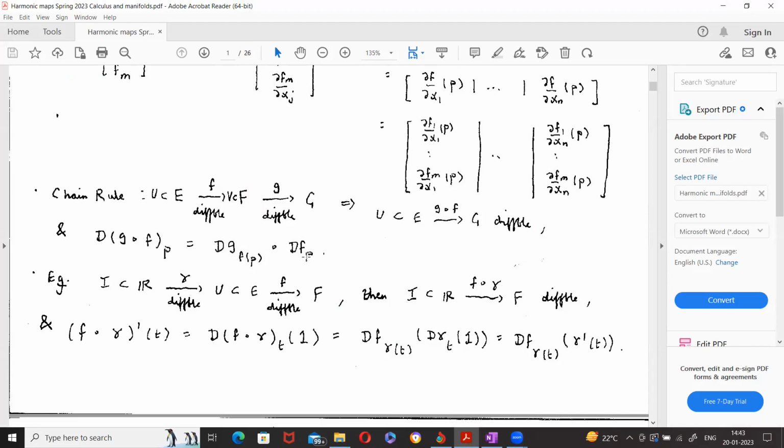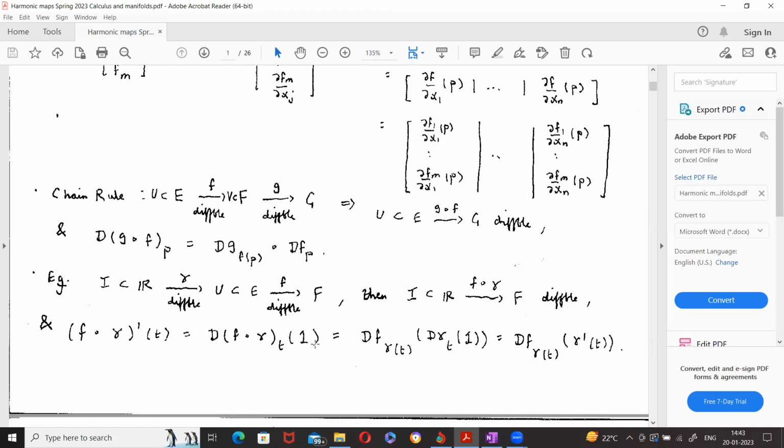So in particular, if we apply this to the case where the first map is a curve gamma from R into the vector space E, and the second map F is going from E to another vector space F, then F composed gamma is a curve in the vector space F, which is differentiable. And the tangent vector of this curve, (F composed gamma)' at t, as we observed, is the derivative d(F composed gamma) at t applied to 1.